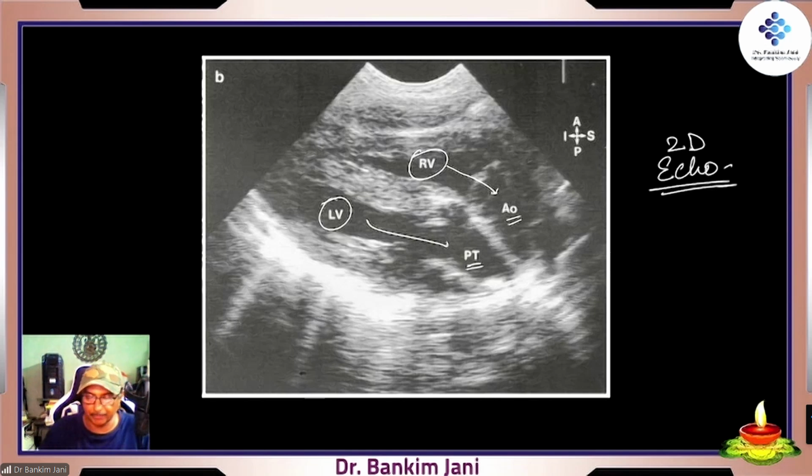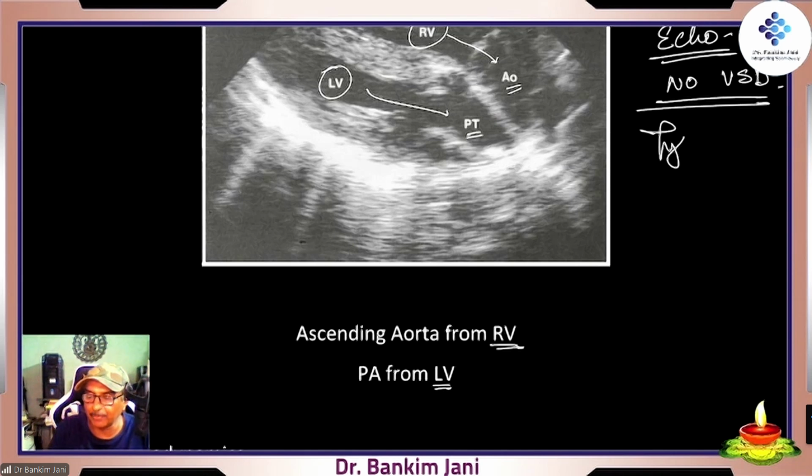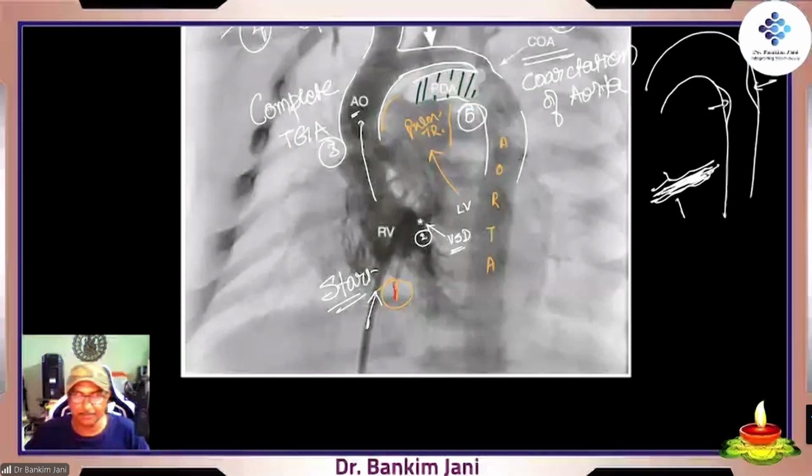It is showing complete TGA, with ascending aorta from the right ventricle and pulmonary artery from the left ventricle. And because there is no VSD, that means intact ventricular septum. So that's why we'll be calling it type 1. Right. However, which type is this?